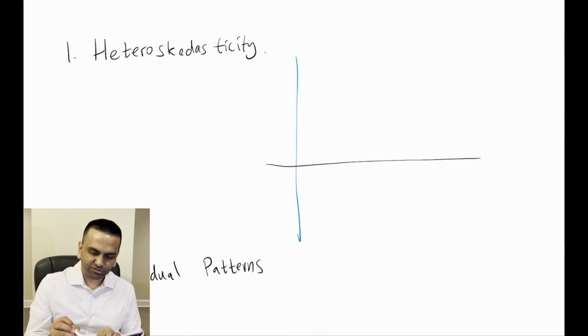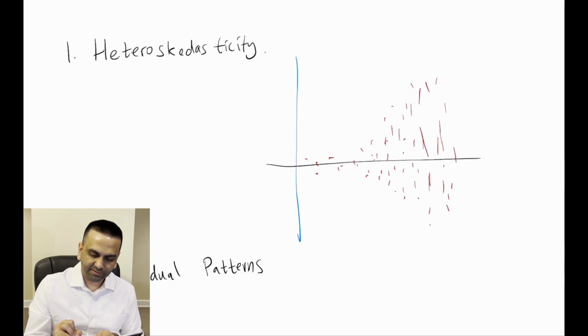But what if the residuals look like this, where how much the residuals are going above and below the line is not the same everywhere? It's like, the residuals are kind of close to the line here, but far from the line here.